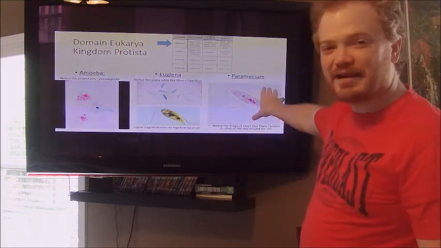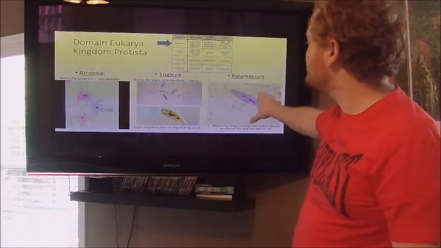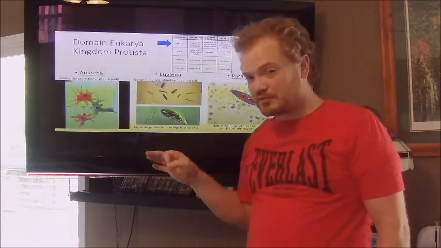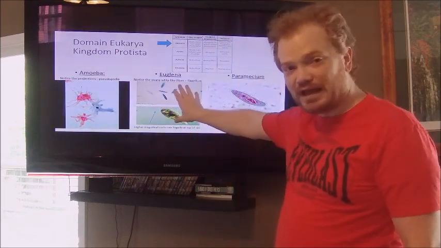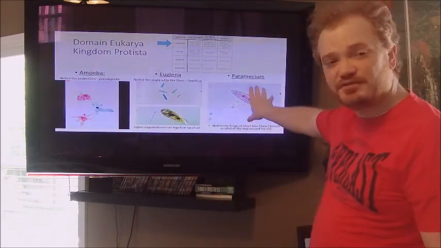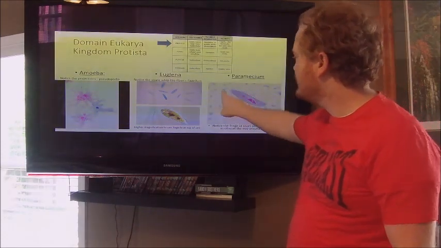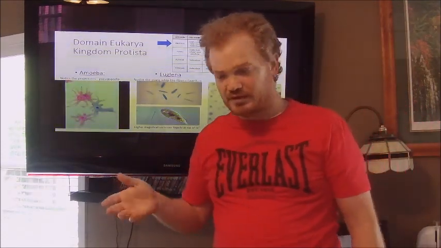And then compared to that is Paramecia. Paramecium are ciliated. So what I'm really trying to do here is show you three different forms of locomotion. There is pseudopodal motion, there is flagellated motion, and then there is ciliated motion. If you look at the border of this paramecium, it looks like it's got a little fuzz around it. Those are cilia. They're like little hairs.